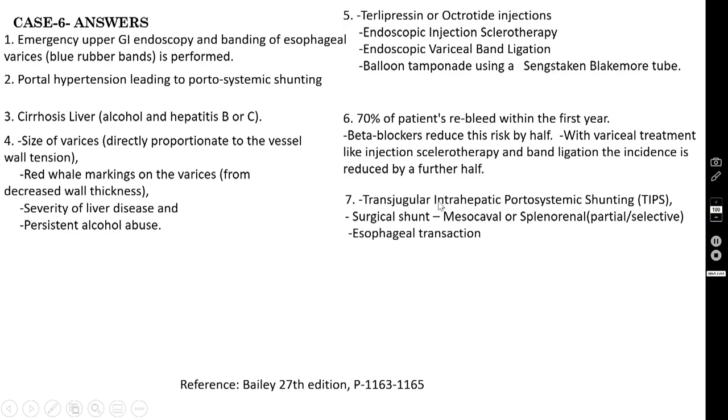After that, you have to resort to the transjugular intrahepatic portosystemic shunt, or TIPS procedure. Or, instead of TIPS, you can do a surgical shunt like a splenorenal shunt or mesocaval shunt. The splenorenal shunt is known as the Warren shunt, or you can do esophageal transection. But nowadays we are not doing portocaval shunts. Okay, what is this?